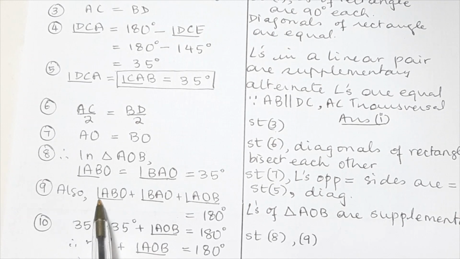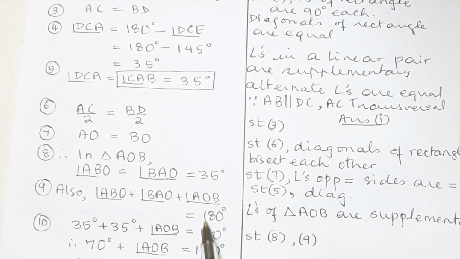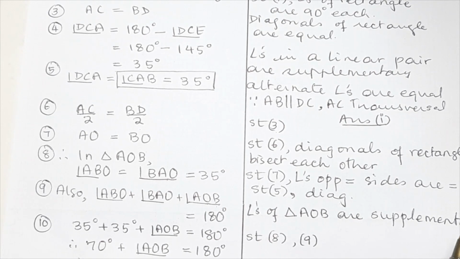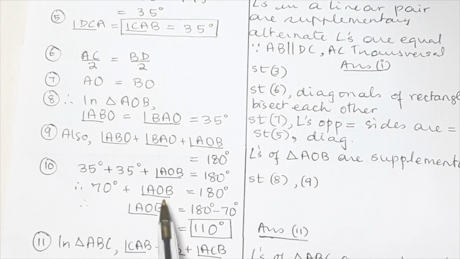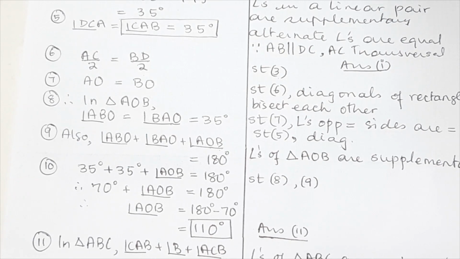Then we will talk about the 3 angles of triangle AOB being supplementary. We write equal to 180 degrees. See there? And so we substitute 35, 35 and AOB equal to this. And so we will have 70 degrees plus AOB equal to 180 degrees. So AOB turns out to be 180 degrees minus 70, which is 110 degrees. And that's our answer 2.